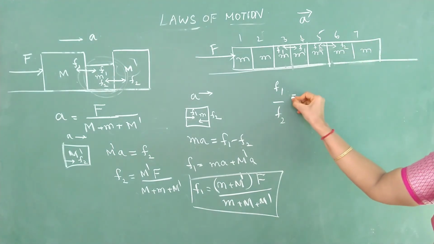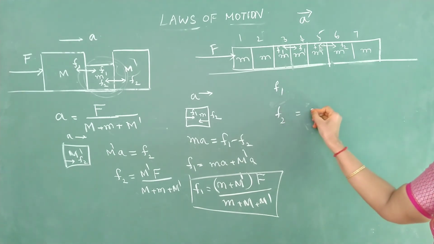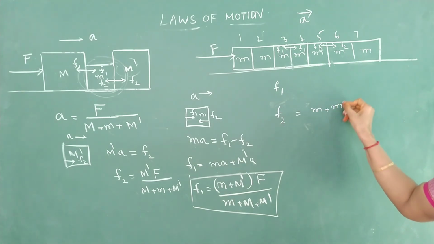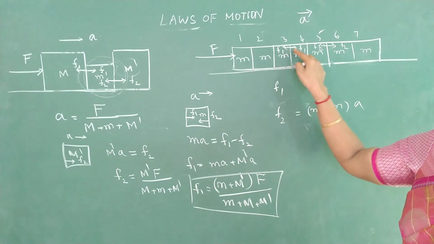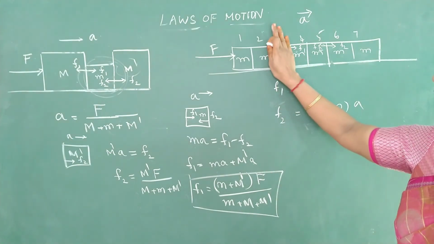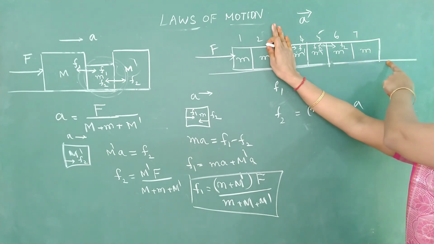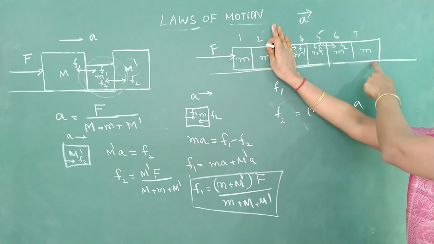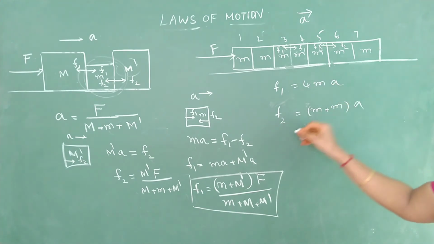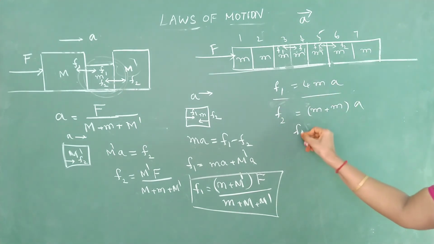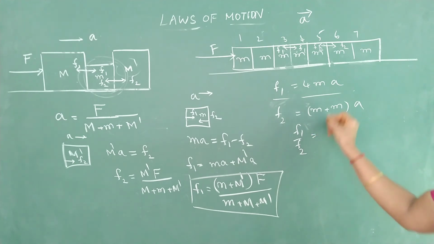M plus M. Okay, F2 is equal to M plus M into A. If I want the contact force between these two blocks, close it. What are these remaining masses? 1, 2, 3 and 4. F1 will be 4M into A. Now divide. What is the ratio of F1 by F2? 4MA by 2MA. 4 by 2. Is it in the ratio of 2:1?